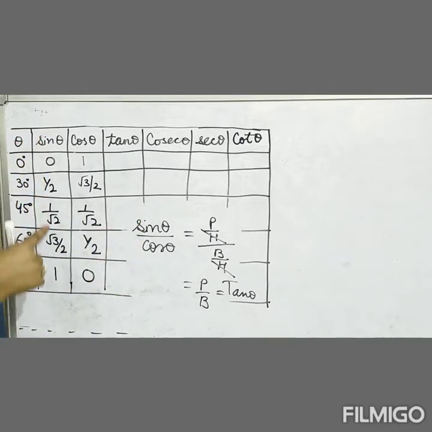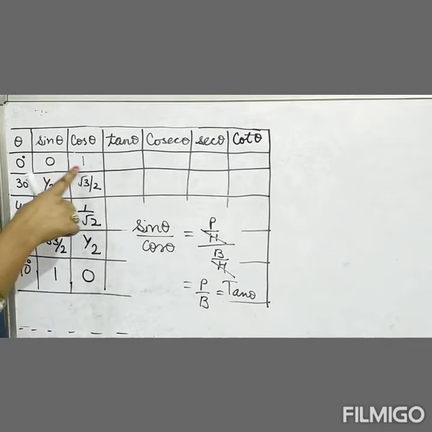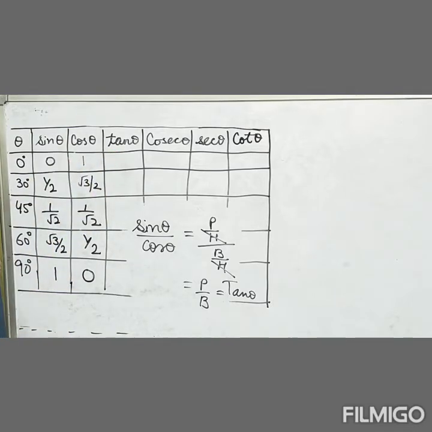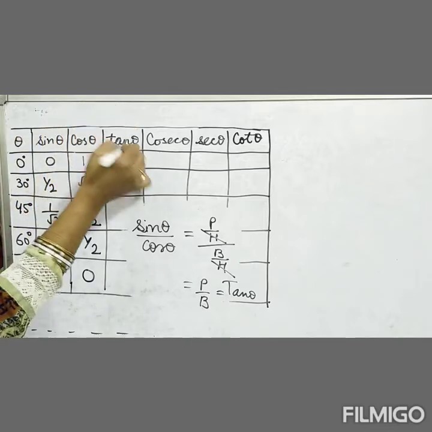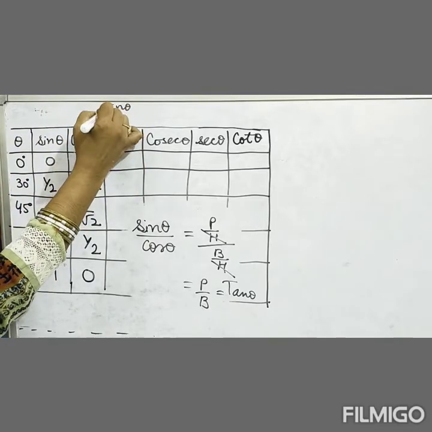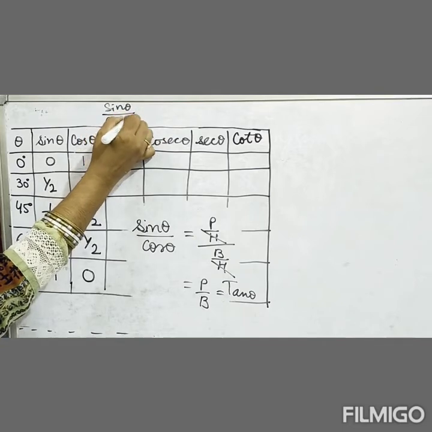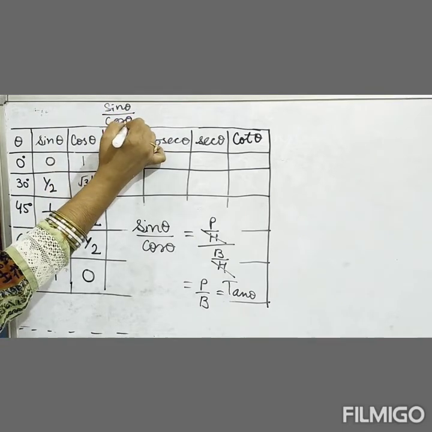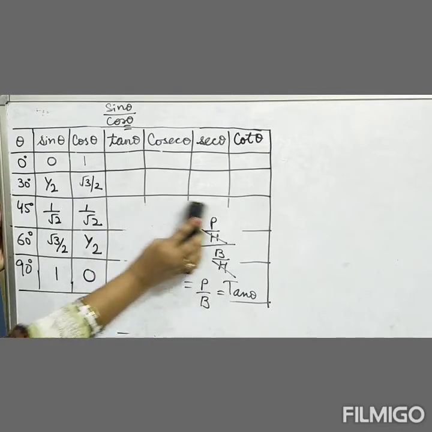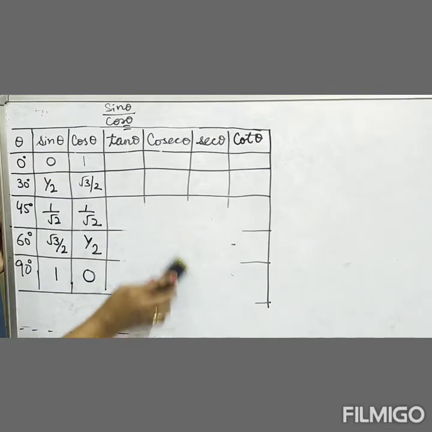Because I have the values of sin theta and cos theta, if I divide these values I will definitely get the value of tan theta. So I am writing it here for your convenience that sin theta by cos theta is equal to tan theta. Okay. So now we will make this table ahead.